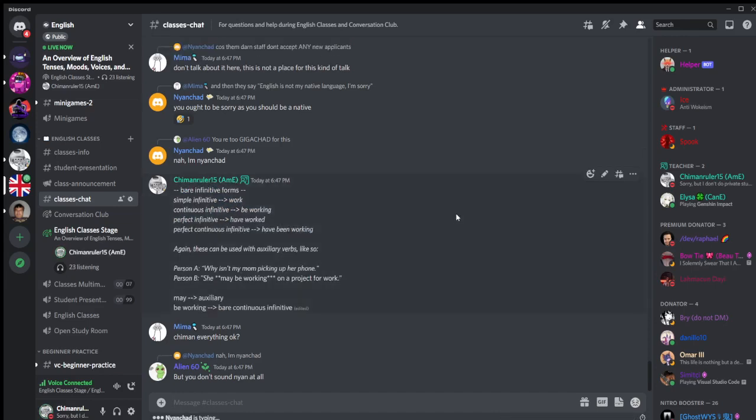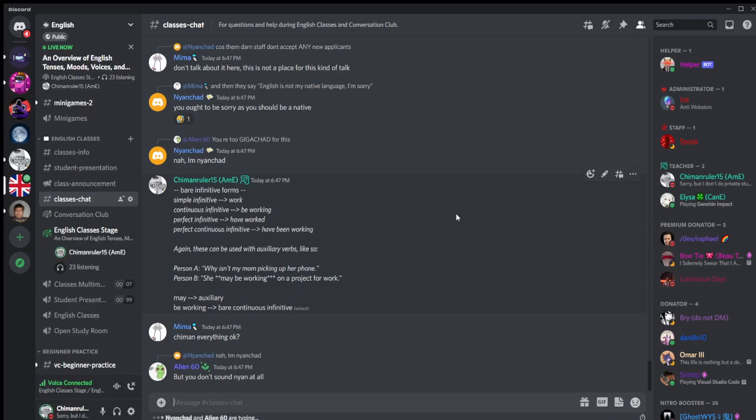Okay. So again, there are bare forms of all these infinitives. So you can have work, be working, have worked, and have been working. And you'll also notice that these look very much like the subjunctive forms. They're the exact same forms as the subjunctive.